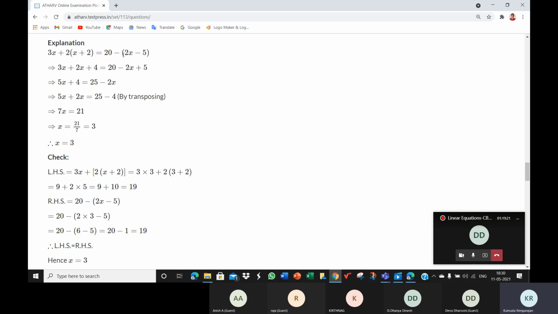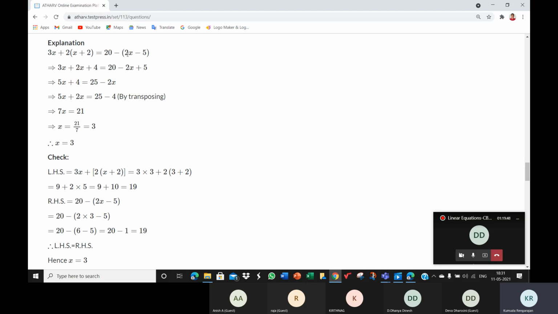Now outside this bracket, there is no number, but there is a sign. If there's no number, it's like there is 1. Visibly there is no letter or number there, but there is a sign outside the bracket. So if you have to remove this bracket, you need to multiply every term in the bracket with that sign outside. So minus, it's like minus 1 outside.